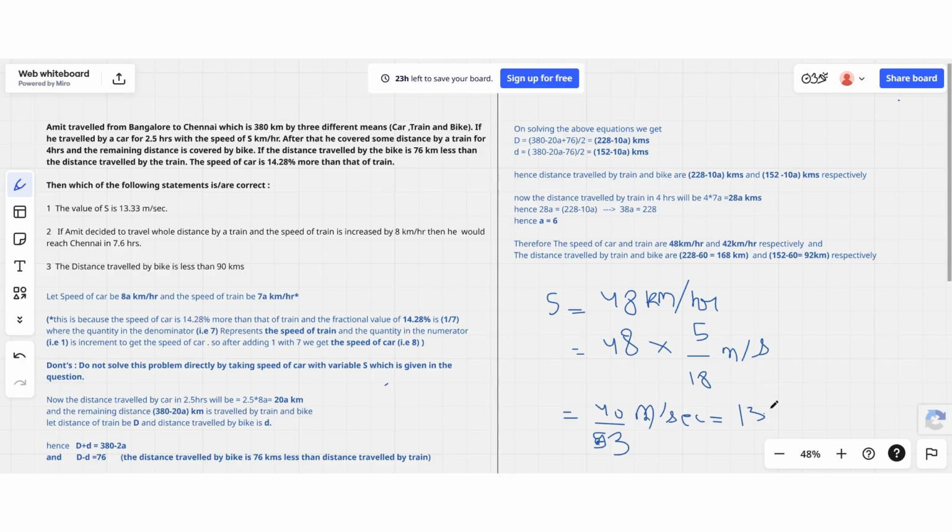We can round up to 2 places of decimal. That is, the value of s is 13.33 meters per second, which is correct. So statement 1 is correct.